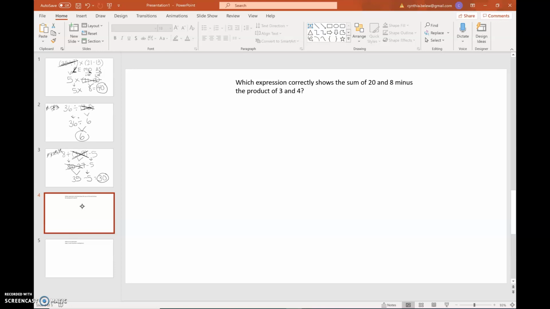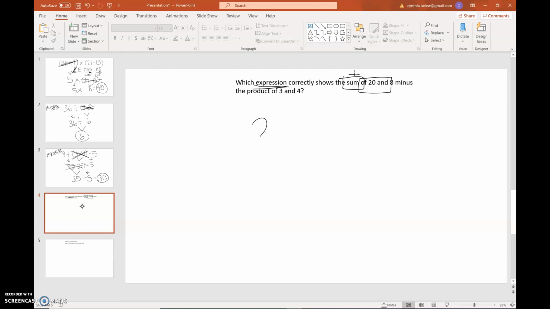So this says, which expression correctly shows the sum of 20 and 8 minus the product of 3 and 4. When it says which expression, they should know that they're not solving it. They're just writing down the words in number form. So I have sum, which means addition, of 20 and 8.